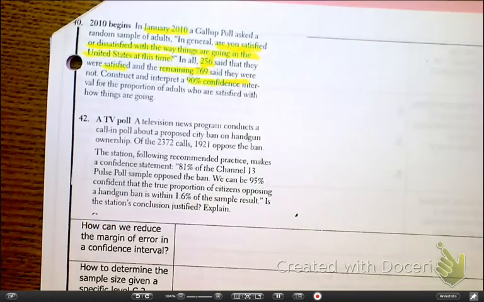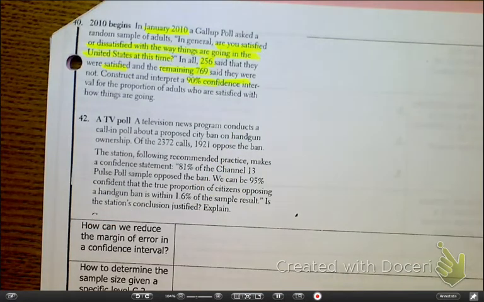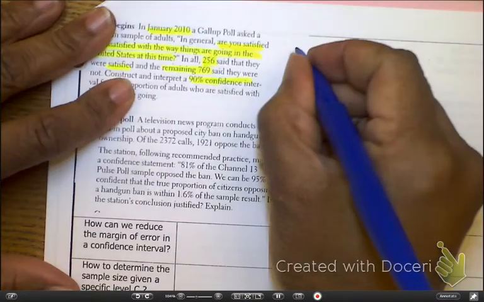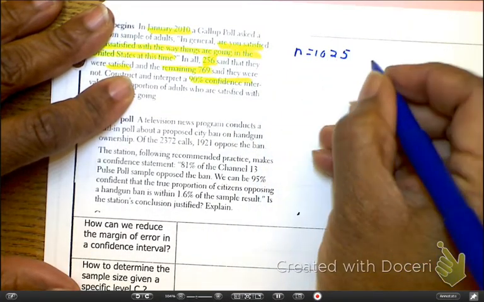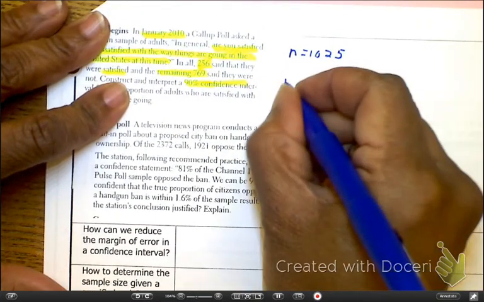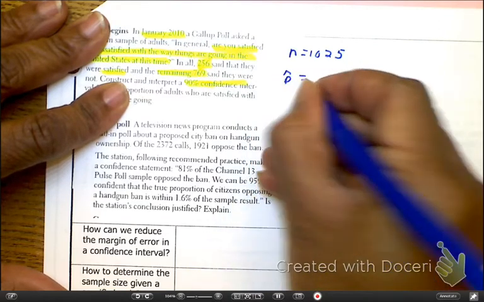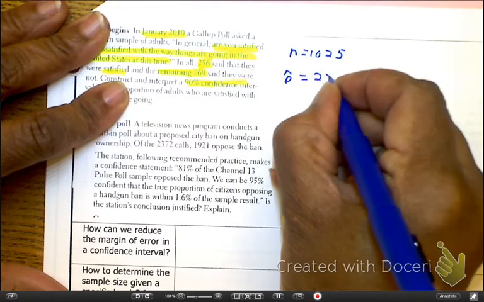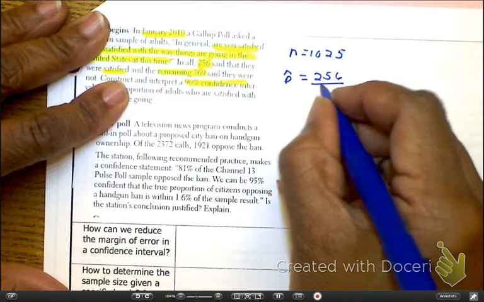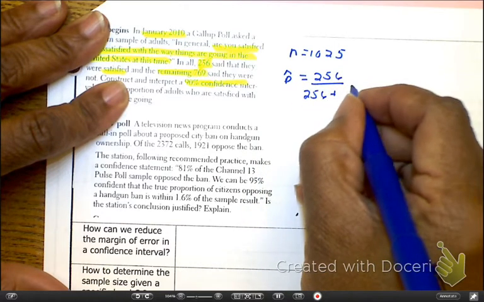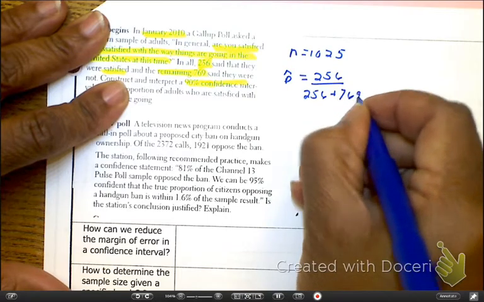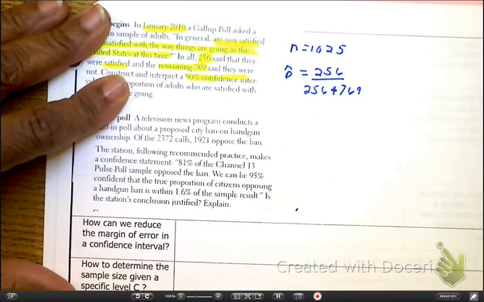Okay, so let's make a note of, first of all, our sample size n, our p hat. So our n is going to equal 1025. Our p hat is going to be the 256 over 256 plus the 769. Because please note, what did they say?